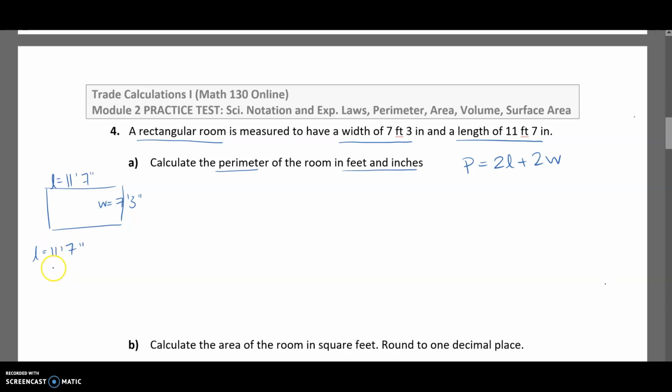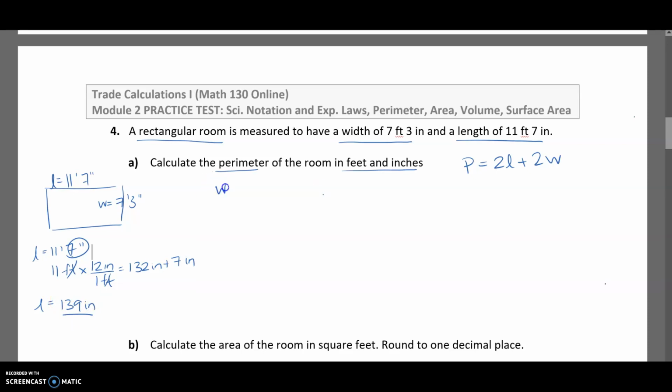I want to convert that all to inches, so I'm going to convert 11 feet to inches first by setting up my unit conversion. So that feet cancel and I get to inches, and that 11 feet is 132 inches. I also need to add on that 7 inches, and I get my length to be 139 inches.